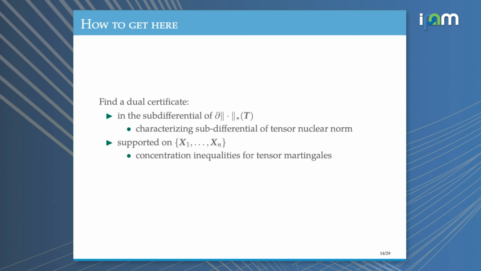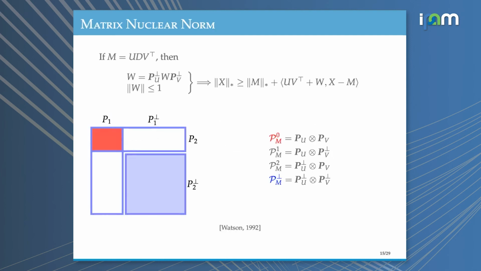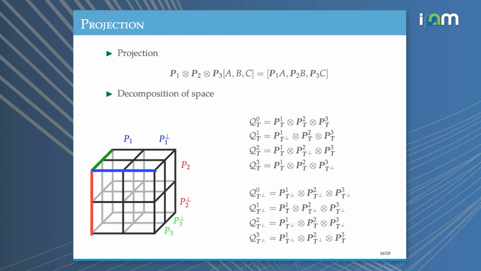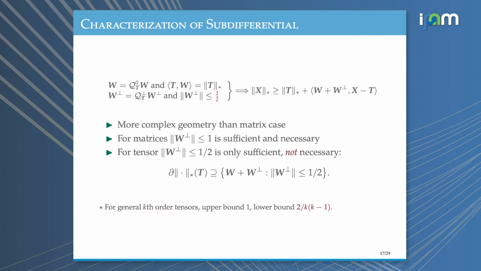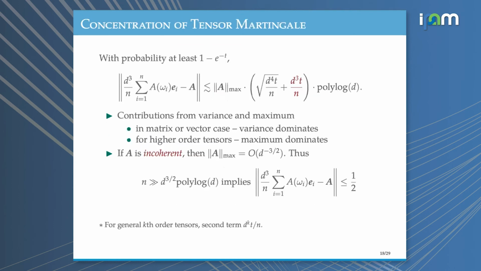For the interest of time, I won't go into the details, but I just want to highlight two facts. One, for the sub-differential of the tensor nuclear norm, you have very different behavior than the matrix case. Two, the concentration of a sum of independent tensors turns out to have different behavior when compared with the matrix case.